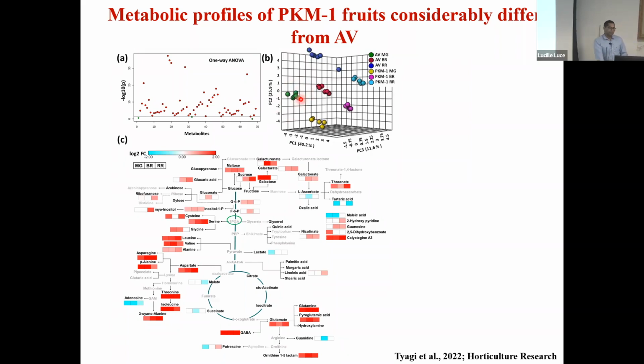Then we mapped these metabolites on the metabolic pathway. One of the interesting things we observed is that most of the amino acids were significantly higher in PKM, as you can see on the heat scale, and sugars and others vary in a stage-specific fashion. As I have shown previously, in PKM the Brix content was very high.